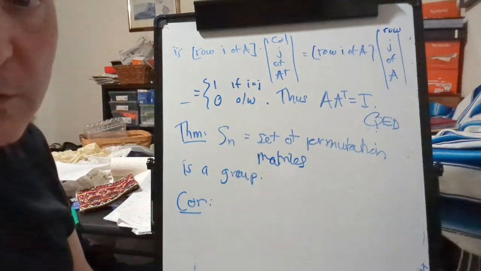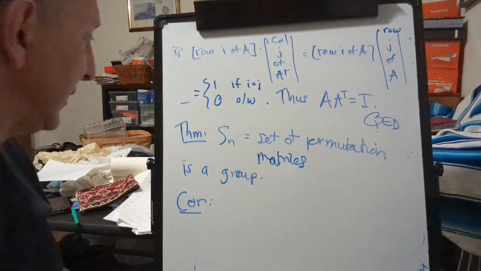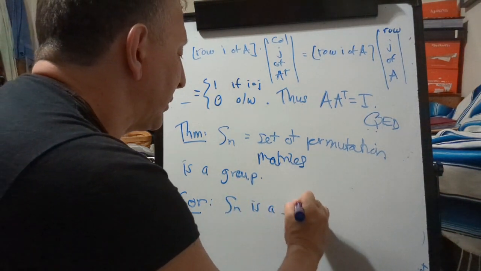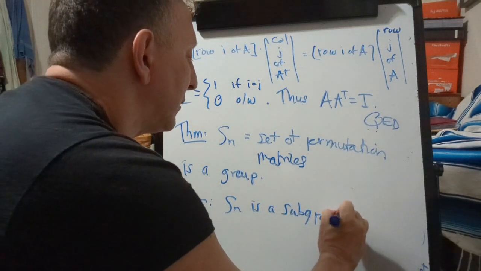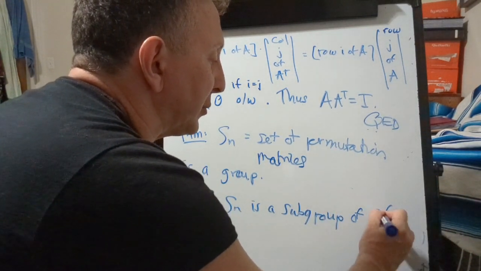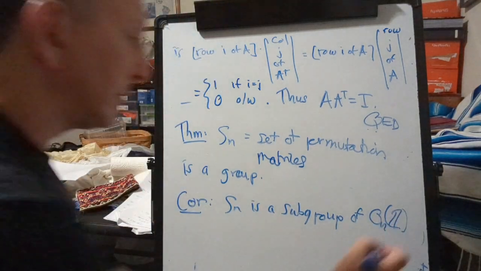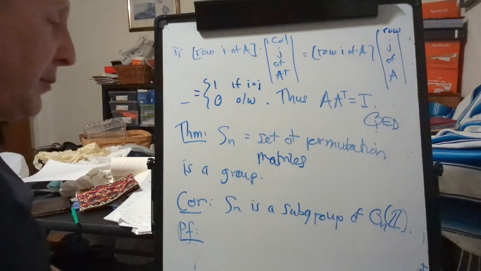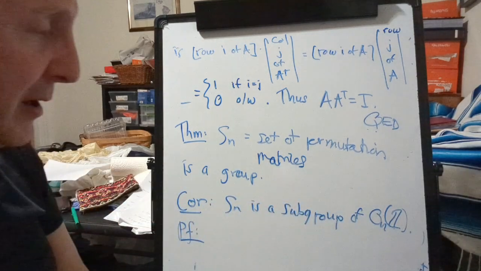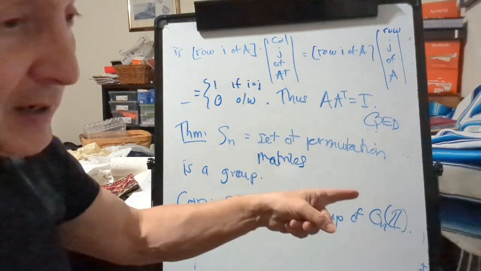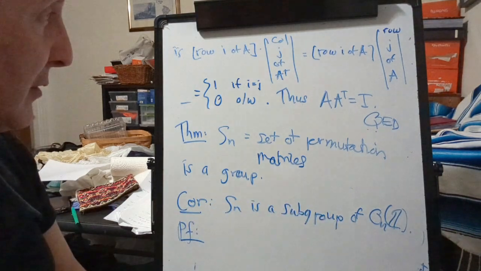And this is in fact a subgroup of another group that we've studied. Sn is a subgroup of the orthogonal group with integer entries. And it's a subgroup of that because the definition of the orthogonal group is all the matrices A such that A transpose equals A inverse.